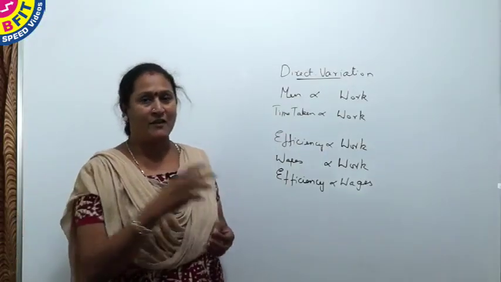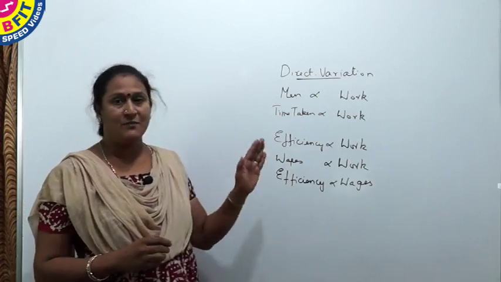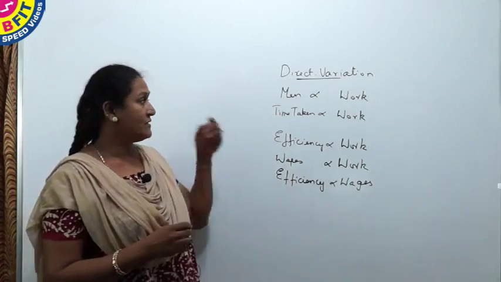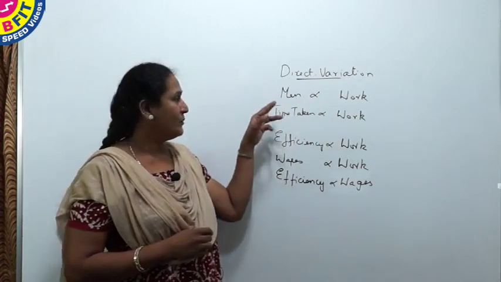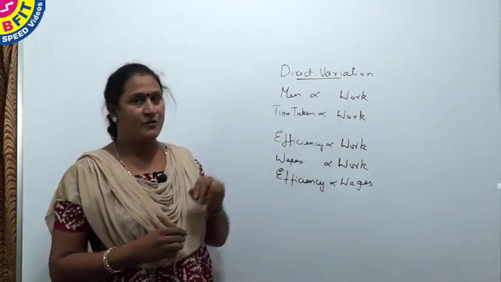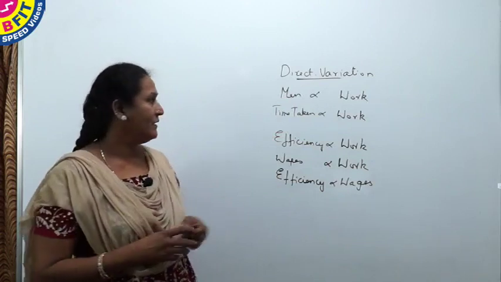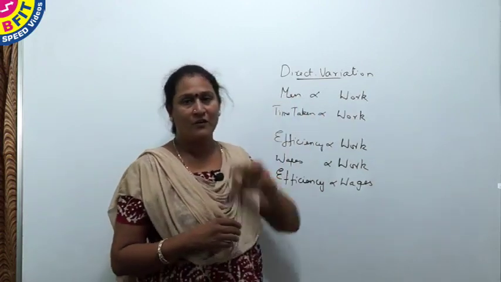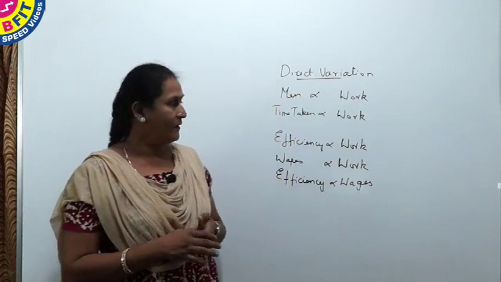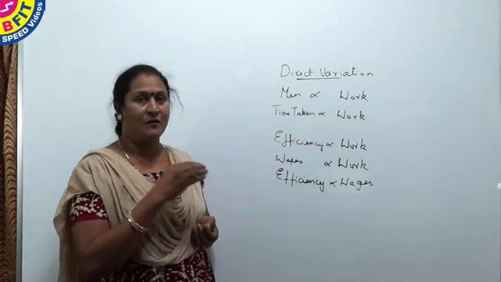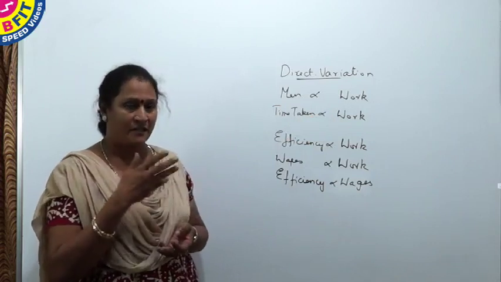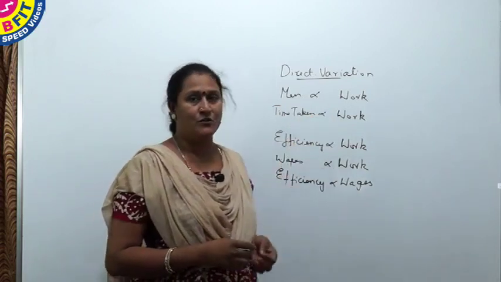We'll see some more examples of variables which vary directly. Under this direct variation you have the variables men and work. Men and work vary proportionally, so they vary directly. More men, more work is done. In the same way, more time taken, more work is done. When the number of hours or days or minutes increases, work done is also more.